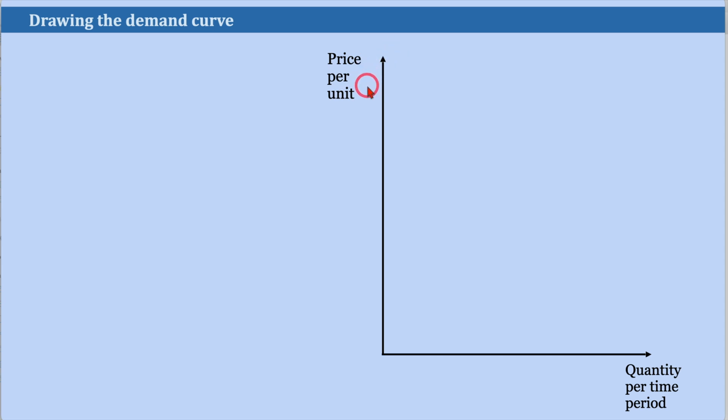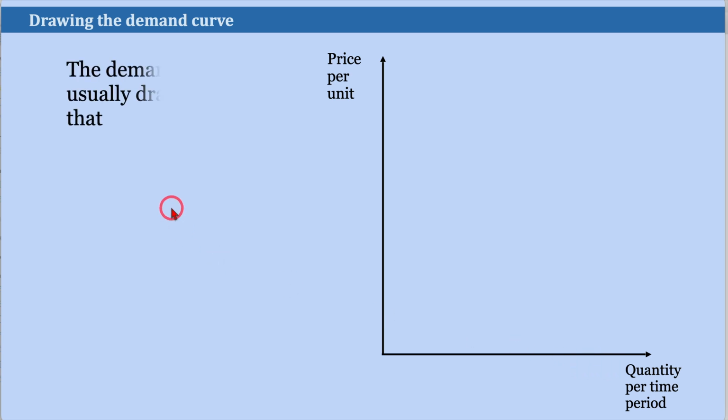So that's the unit in every single good, and then the quantity we're going to buy of those units per time period. So let's say a day or a week, or it could be an hour. Okay. But it is quite important that you get that to start with, because later on you'll just get used to putting price and quantity on there.